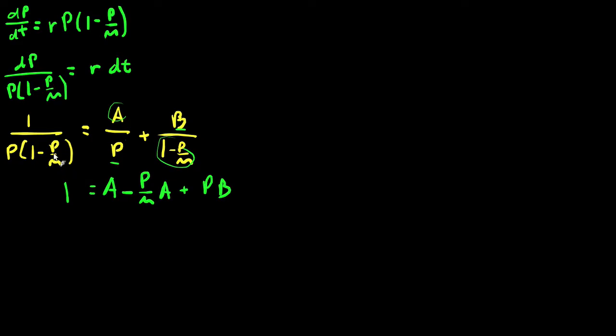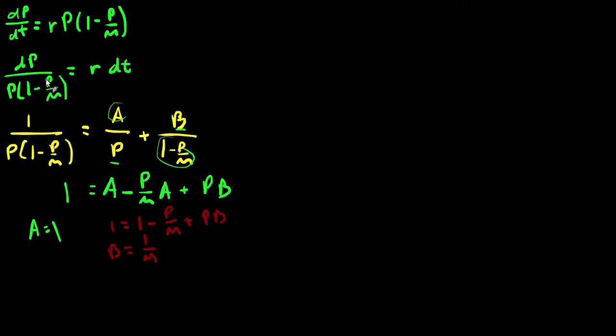The only term here without a variable is A, so I know that A must equal 1 from there. And then when I put 1 in, I'll get 1 equals 1 minus P/M plus PB. Subtract both sides, move this over. Basically, I'm going to get that B is going to be 1 over M.